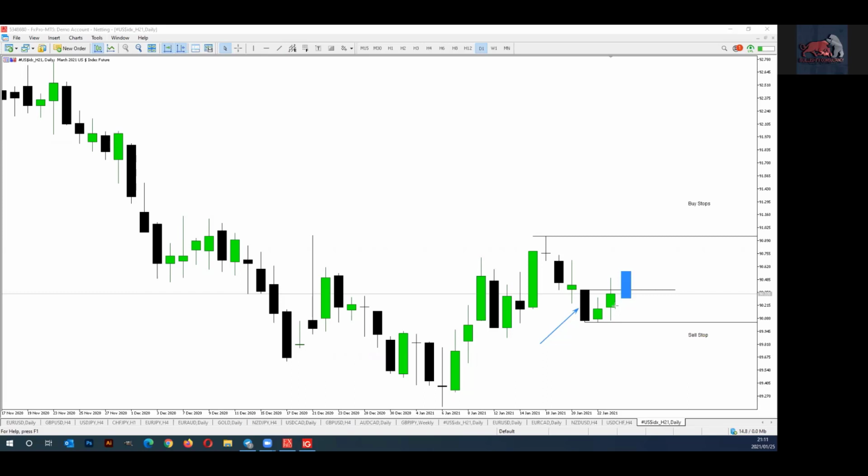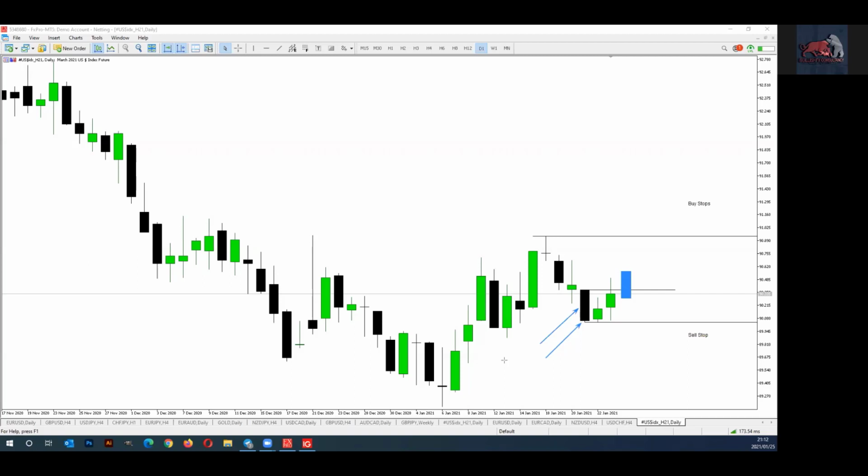So we might have a green candle that closes way above the opening price of this down close candle here, this one. If price does close above, then it's going to validate us taking long trades.